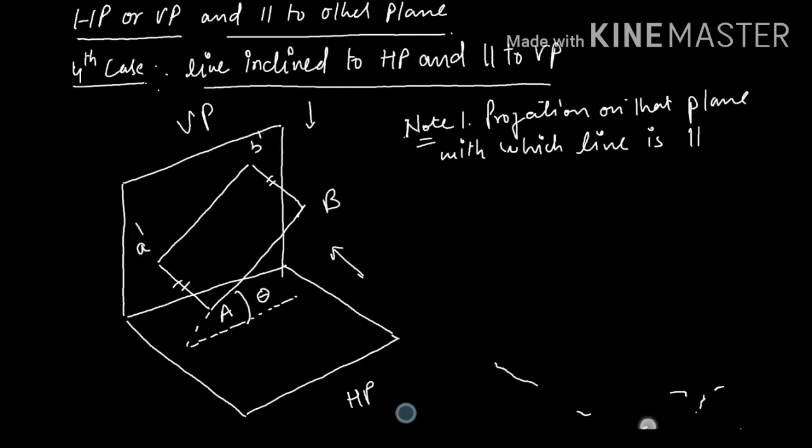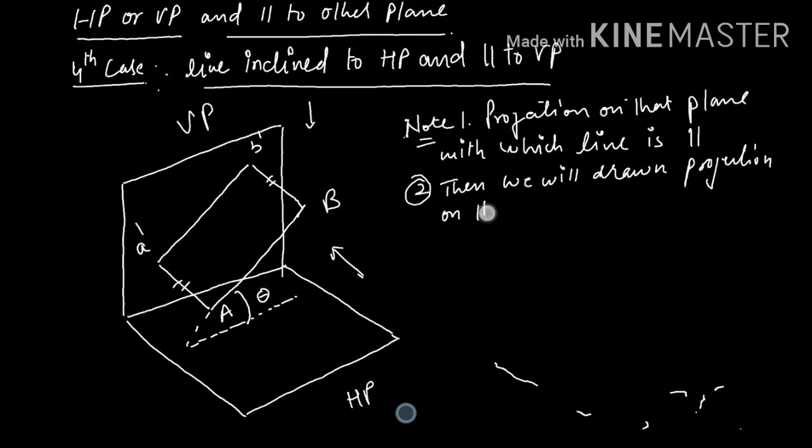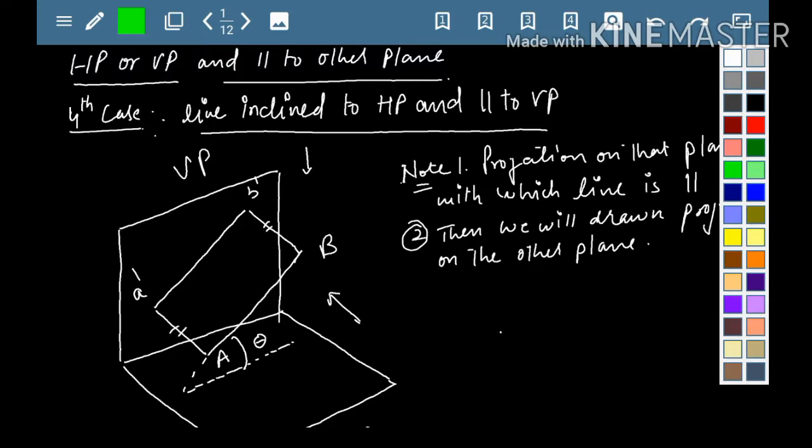Then we will draw the projection on the other plane. If you look from the top, its projection would be over here and over here.